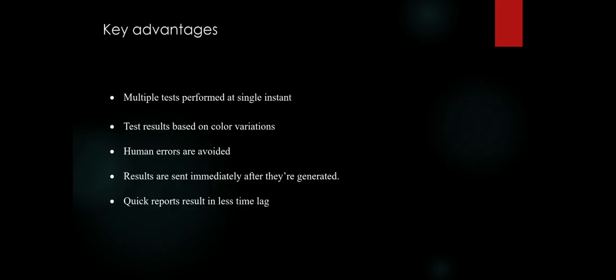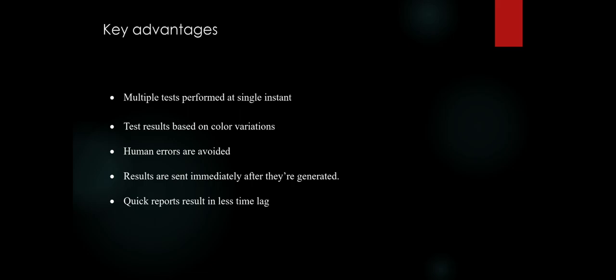Key advantages of the project are that we can compute multiple tests at the same time and hence save time. This also avoids human errors that may occur in non-automated testing. Since the results are automatically generated, they can also be automatically sent to the users.